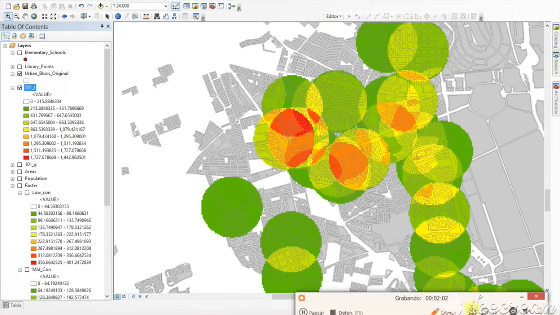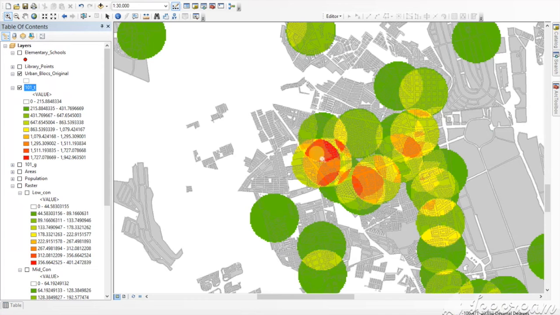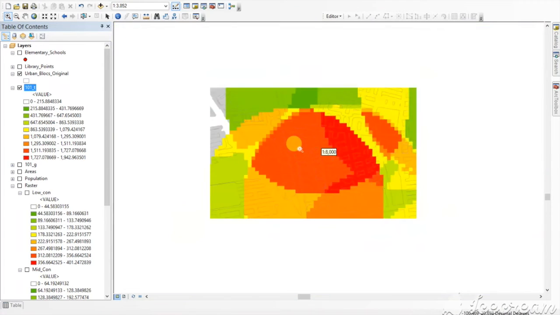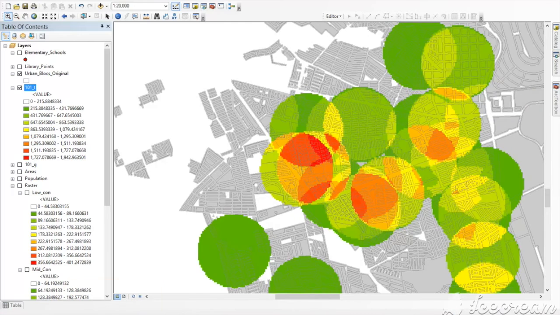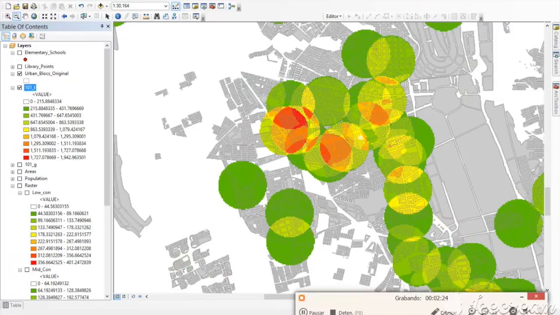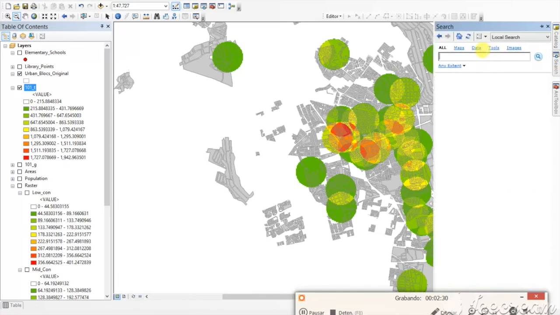So the next step for this analysis is to start locating these punctual areas that are more suited for a library. Let's do it. The next step will be to isolate those higher values that we are finding, so we're gonna use a tool called raster calculator.